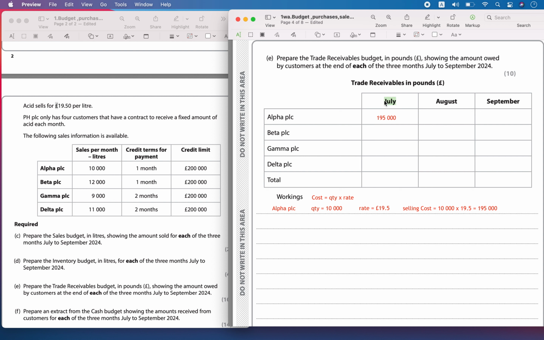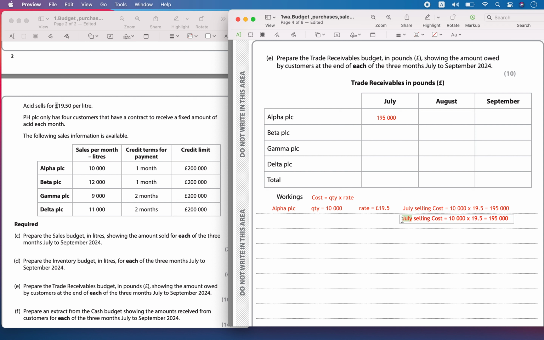Now let's calculate how much they need to pay in August. That was for July. Now they keep the same amount. So 10,000 they are going to purchase in August, and the rate is the same.